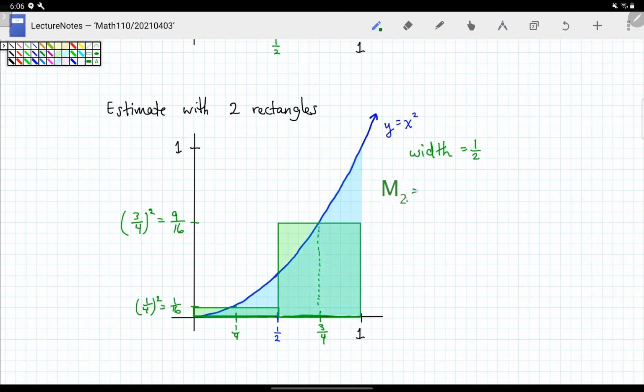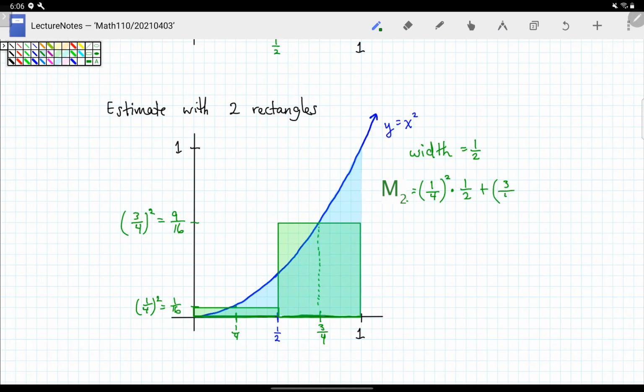There's two rectangles. The height of the first one is 1/4 squared. I'm inputting into the function the midpoint of the first interval. That's the height times the width, which is 1/2. And then the height of the second rectangle is 3/4 squared.